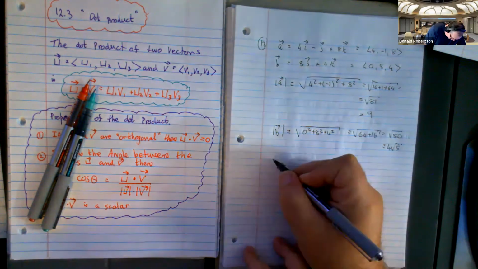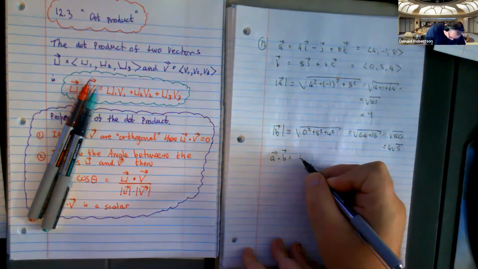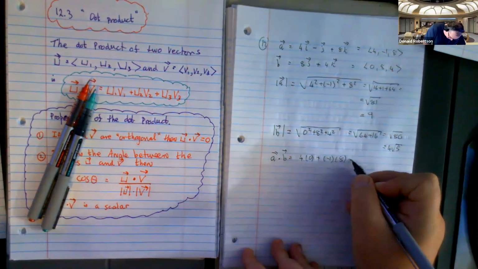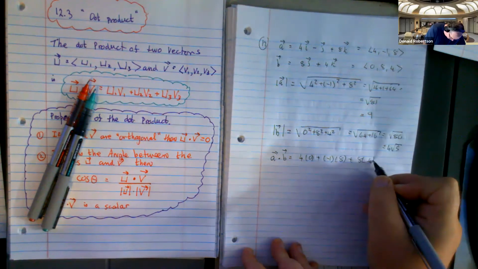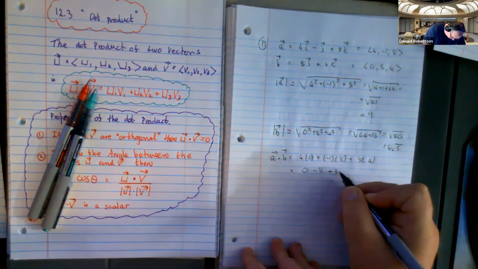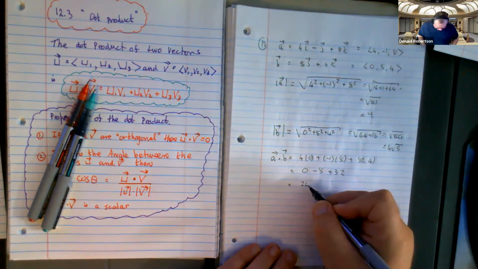Now dot product. 4 times 0, negative 1 times 8, 8 times 4, 0, take away 8, add 32, and I believe that is positive 24.